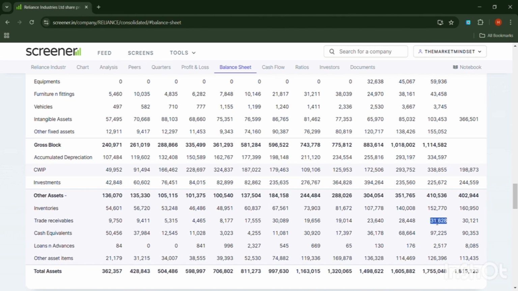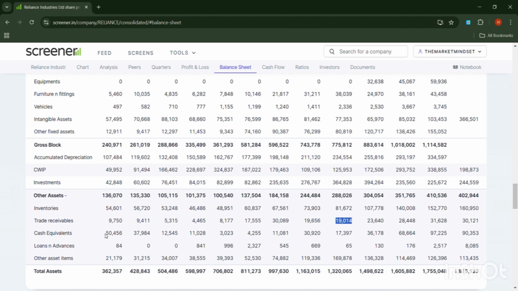In the case of Reliance Industries, there has been a sharp rise in the trade receivables from March 2021 to 2022, and after that we can see that the receivables have been growing steadily, which is a good sign.